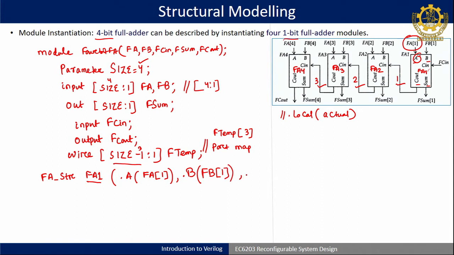Then comma, I will write below, next is cin, so I write dot cin, mapped with fcin, comma. Then dot sum mapped with fsum square bracket 1, comma, then dot cout mapped with ftemp bracket 1, semicolon. Any doubt we can discuss.